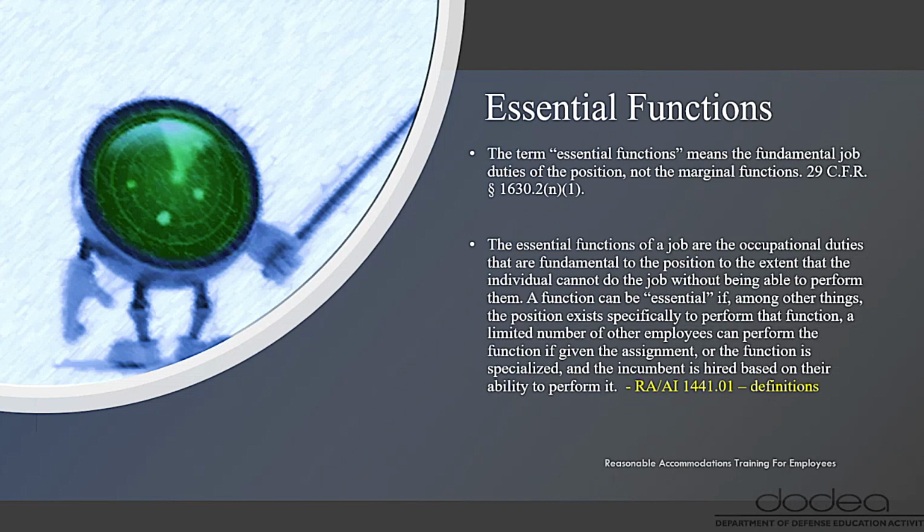So what's going to happen during that interactive process meeting is your first line supervisor is going to review your essential functions with you and how you're going to be able to accomplish those essential functions with the accommodation that you are proposing in place. Okay, and again, we have the reference to our reasonable accommodation administrative instruction, which you can also download from our webpage as well. All right, let's move to the next slide.